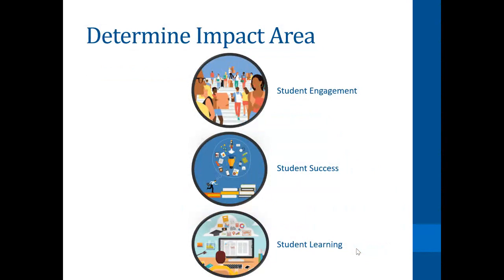So next, talk about where you want to impact student learning. Is it engagement, right? Are you involved in a discipline where the text is complex to read, and we see students disengage during class time because they're not necessarily prepared for class?